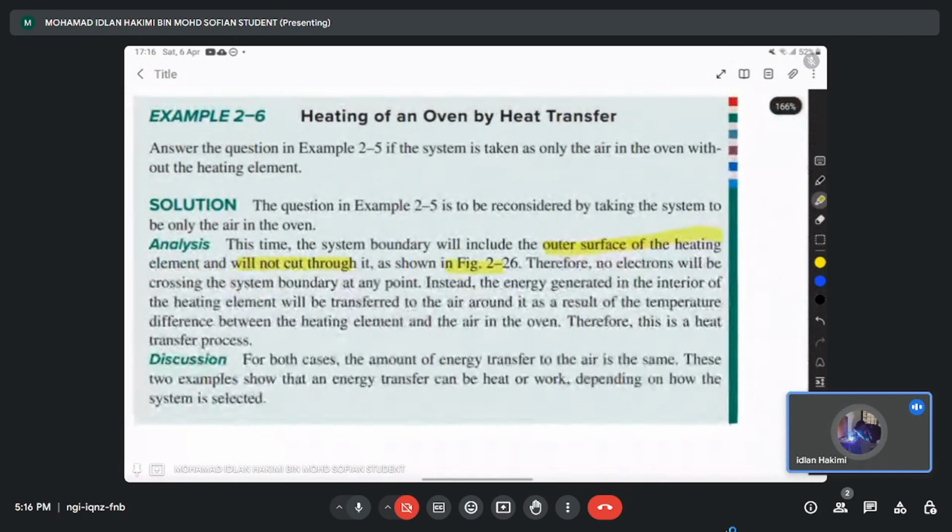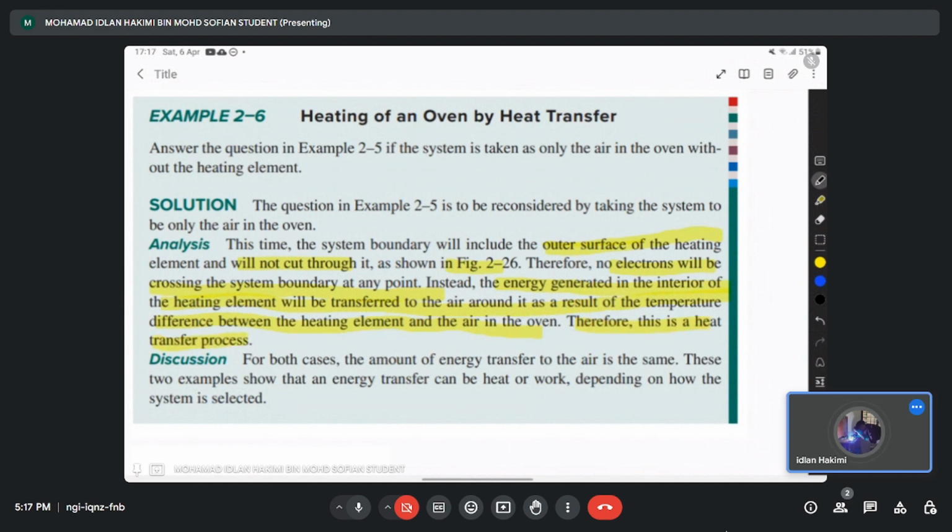Therefore, no electrons will be crossing the boundary at any point. Energy generated in the interior of the heating element will be transferred to the air around it as a result of the temperature difference between the heating element and the air in the oven. Therefore, this is a heat transfer process.